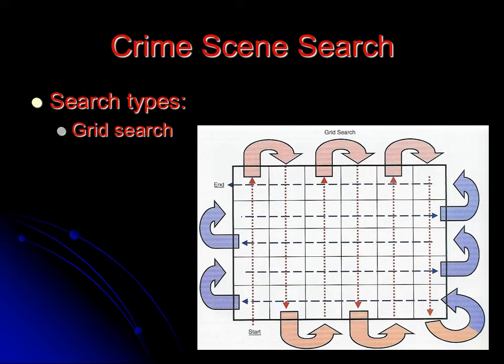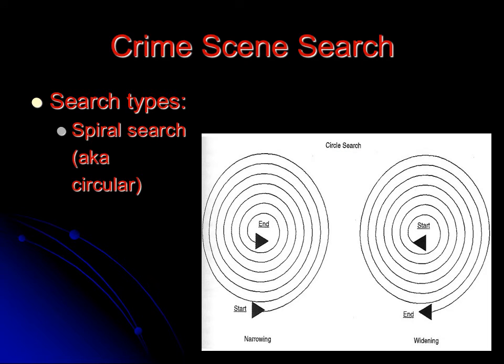A grid search kind of covers things from two different ways, and it's more extensive and harder to miss things through a grid search because you have people coming at it from both ways, and so if one person misses something, the other can perhaps see it. This is kind of an odd search, but I hear it's very commonly used in the military to find personnel who are lost, and that's a spiral search.